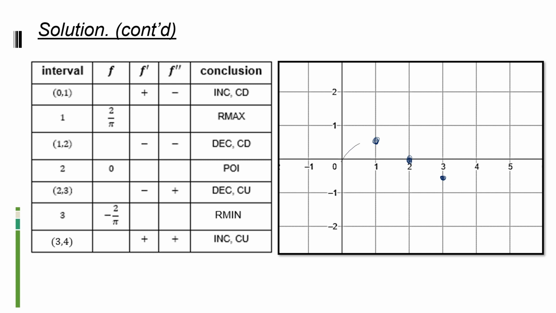Like that. From 1 to 2, a decreasing function but concave down. From 2 to 3, we have a decreasing function but concave up. And then, from 3 to 4, we have an increasing function but concave up. Or, for a clearer graph, this is actually how it looks.